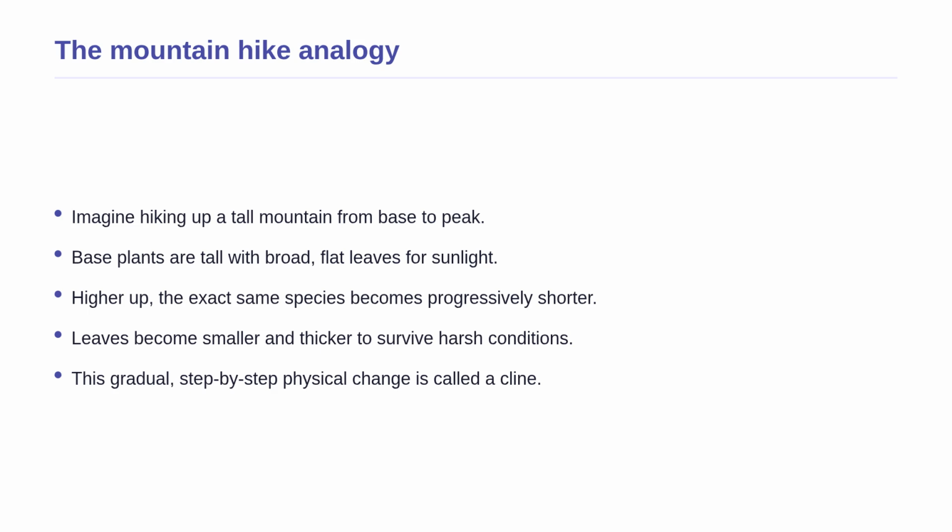You notice that this exact same species of plant starts looking different. The plants become progressively shorter and their leaves become smaller and thicker to survive the harsh mountain conditions. This gradual, step-by-step change in how an organism looks or functions as you move across a landscape is exactly what biologists call a cline.